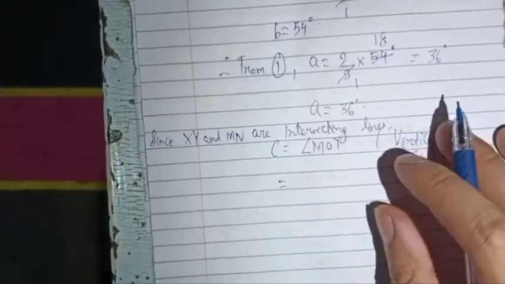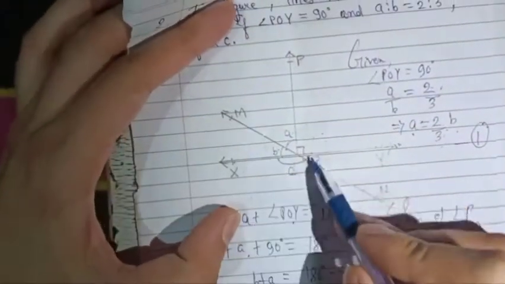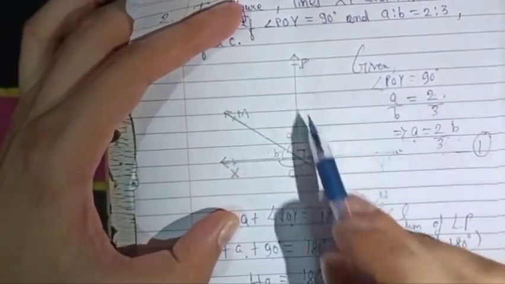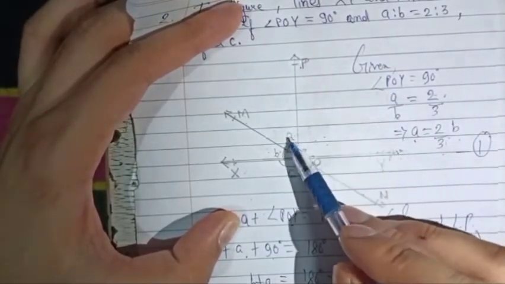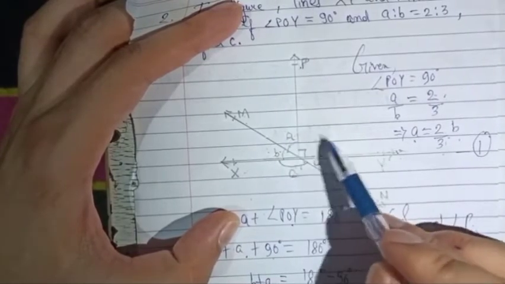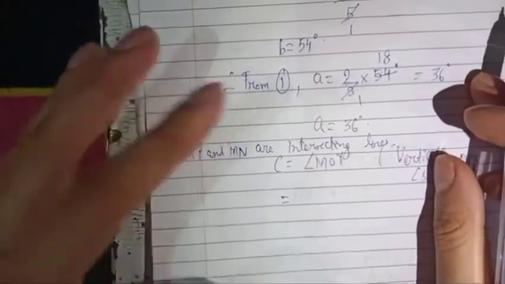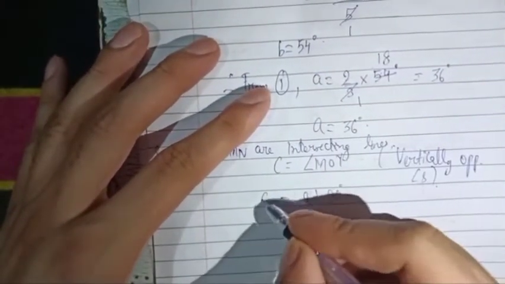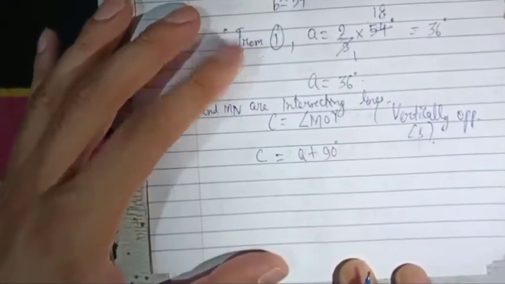Now MOY, look into the diagram again. MOY is the sum of angle MOP plus angle POY. That means A plus 90 degree. So we will write here C will be equal to A plus 90 degree.